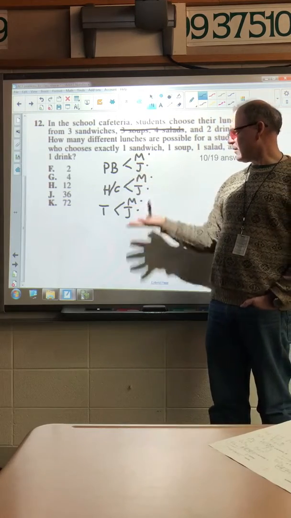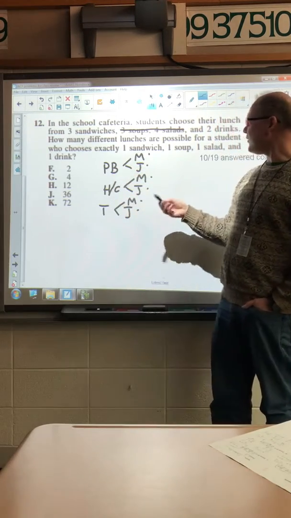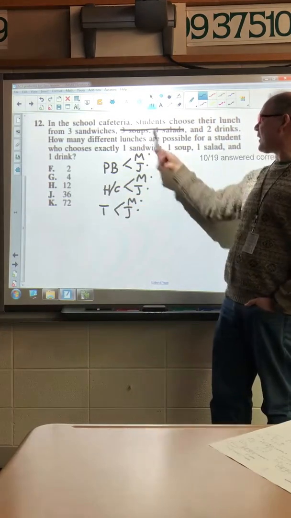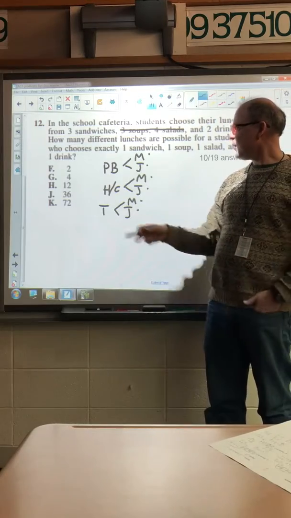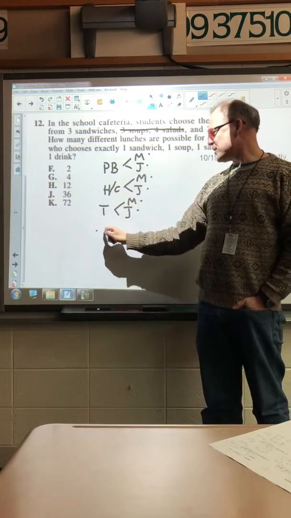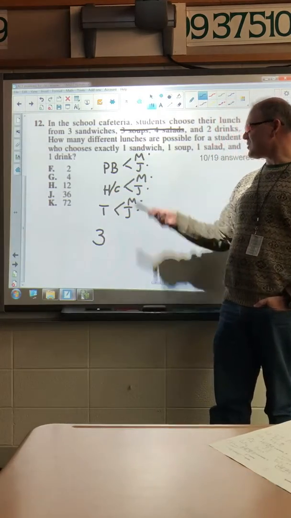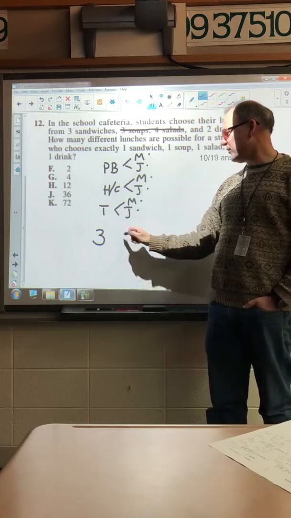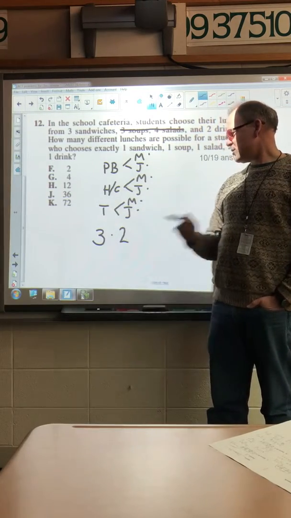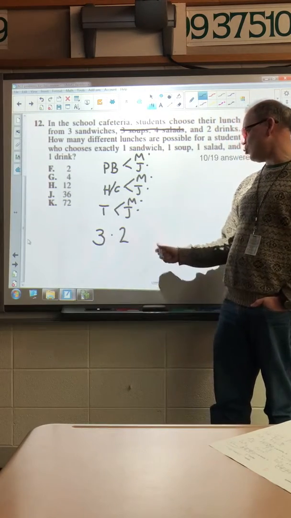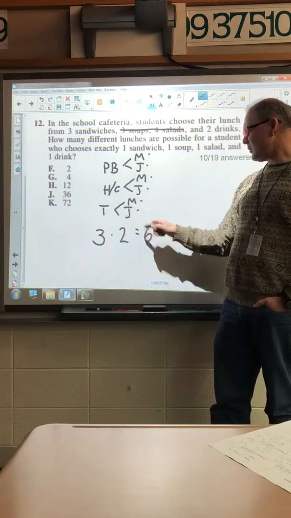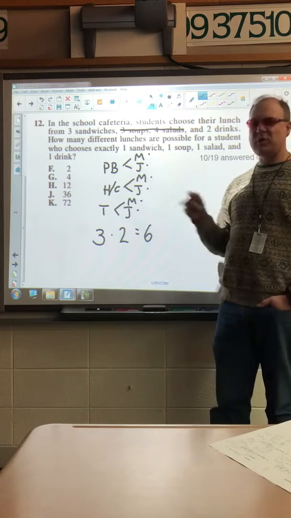Okay, and the shortcut, because if I drew this type of diagram with soups and salads, it would get to be a very big diagram. But we had 3 choices for the sandwiches, and you have 2 choices for the drinks. So if you just multiply the number of choices you have, so 3 times 2, you have 6 possible meal combinations there.